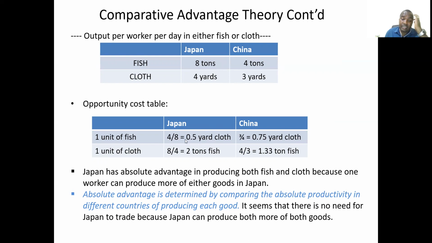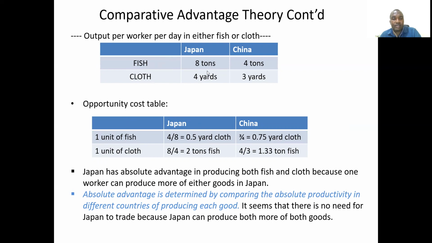where my arrow is hovering. So to calculate the opportunity cost of producing a particular commodity, you ask yourself, we are at fish. How much is 1 ton of fish or 1 unit of fish? 1 unit of fish in terms of cloth will be 4 yards divided by 8 tons.